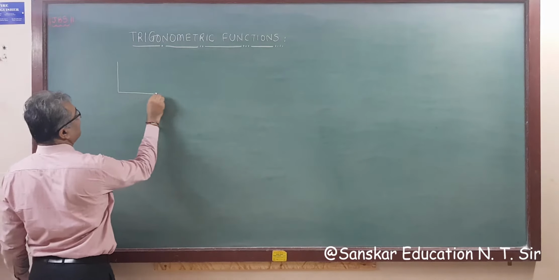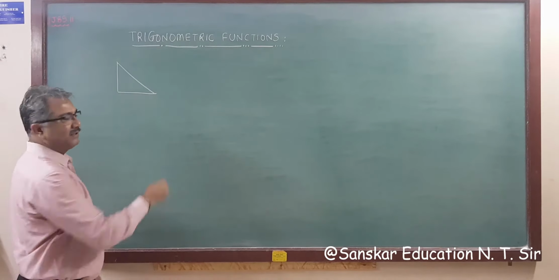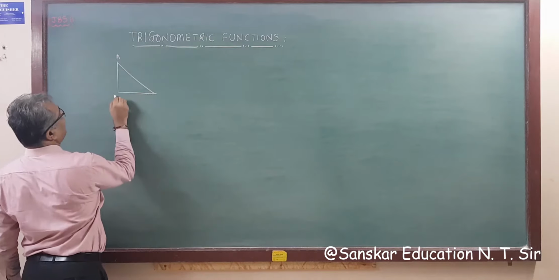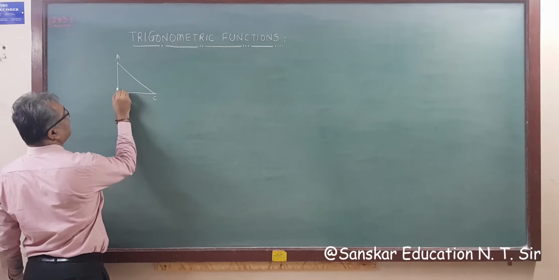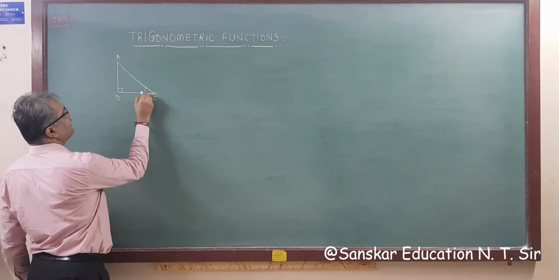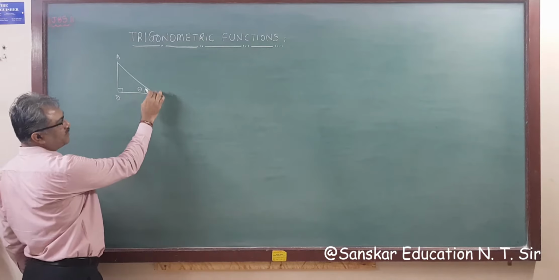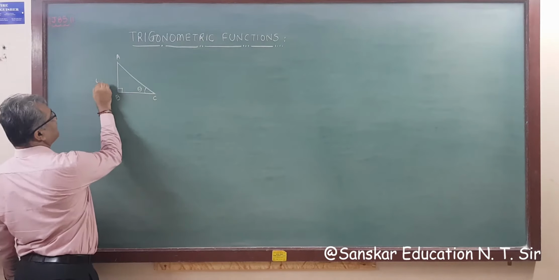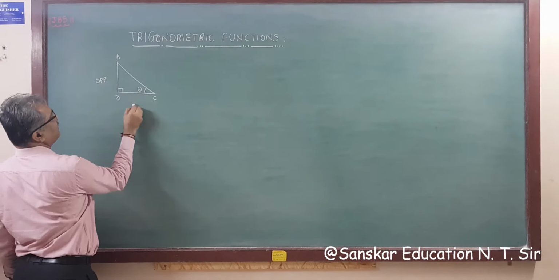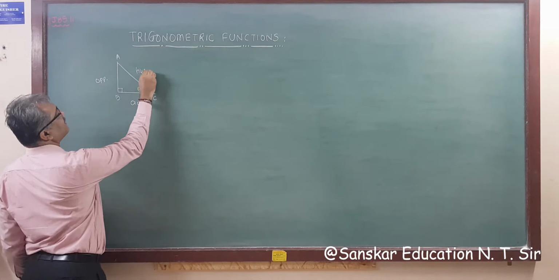So we studied this. Suppose an acute right angle triangle is given, A, B, C. This B is a right angle, and if we take this C as an angle theta, then corresponding to this angle C, this is the opposite side, this is the adjacent side, and this is the hypotenuse, that you know.